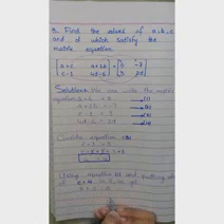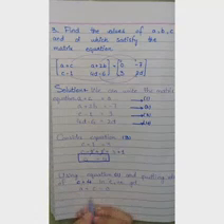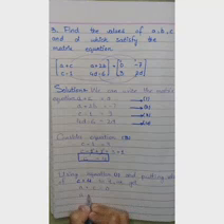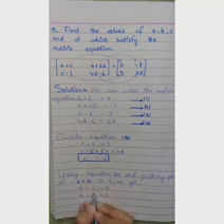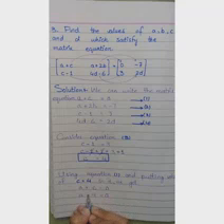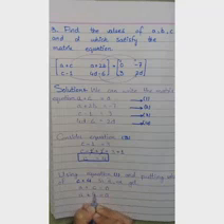This is the equation number 1. So we can write a plus 4 equals to 0. It means c is equals to 4, so we can write in place of c 4.